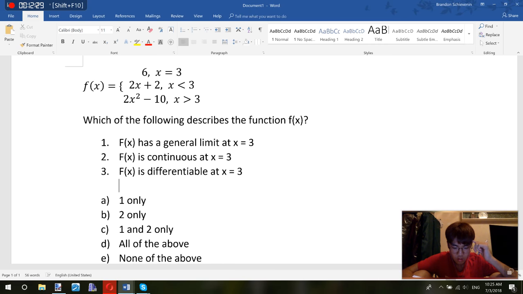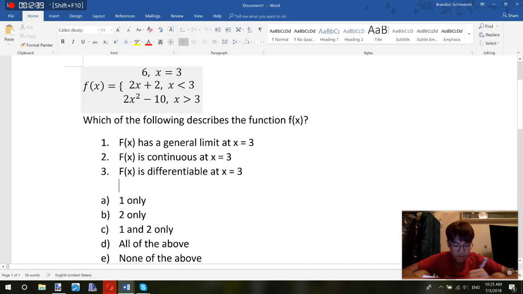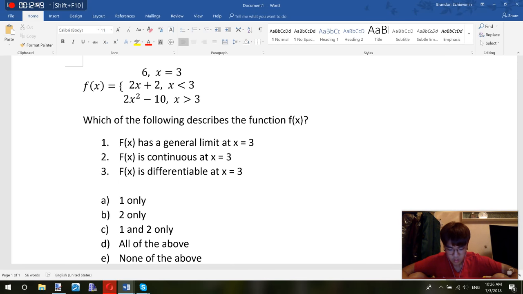When we're looking for a general limit, I'm looking for an x value that is less than 3 or greater than 3. So if I'm less than 3, then my y value is 8. If I'm greater than 3, my y value is also 8. So as I get really, really close to 3 from both the left and the right, our y value gets really close to 8, right? Mm-hmm. Okay, but something weird happens if x equals 3. So what happens if x equals 3?